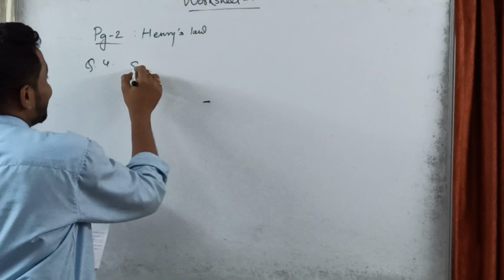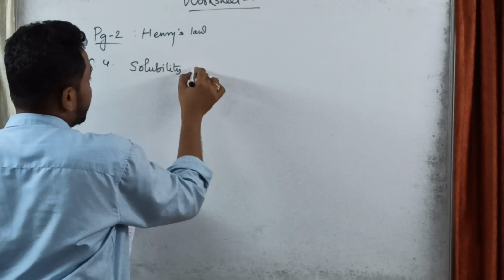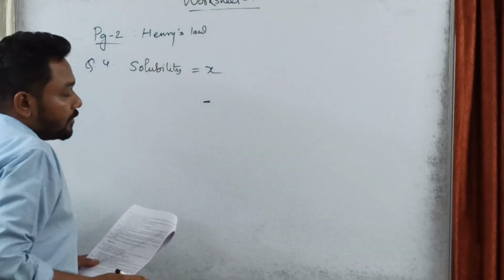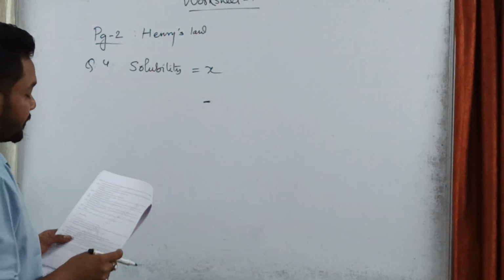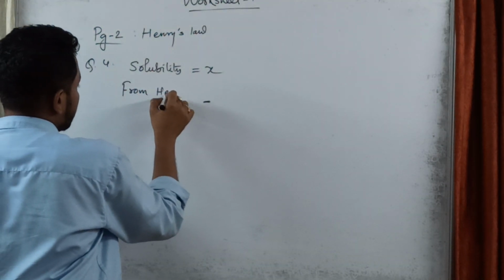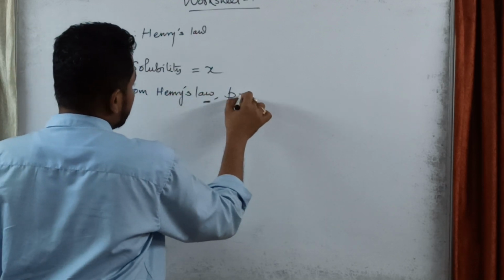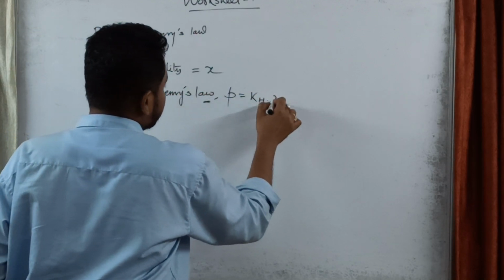They want to know solubility, and from the equation of Henry's law, solubility means always remember X. So from Henry's law, write down P equals Kh into X.